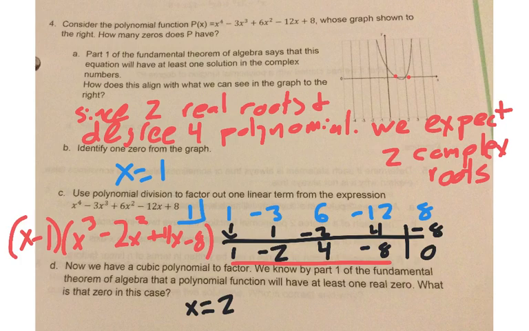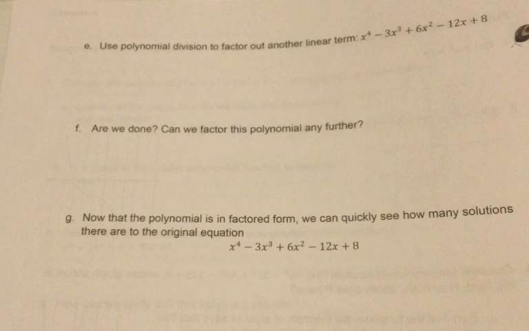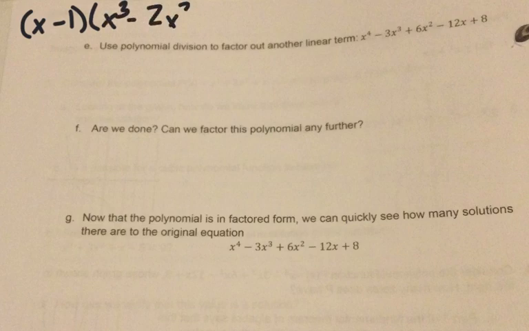in E part. So now I'm just going to write down again what I had. So I had x minus 1 times x cubed minus 2x squared plus 4x minus 8.